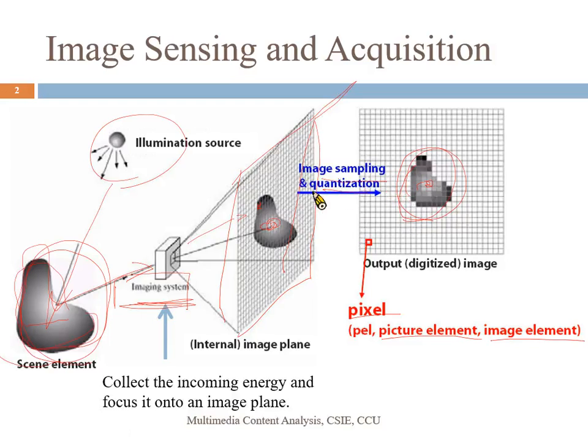Of course, the analog and the digital versions may not be exactly the same, but by increasing the resolution of the image sensor, we may increase the resolution of the digitized image.